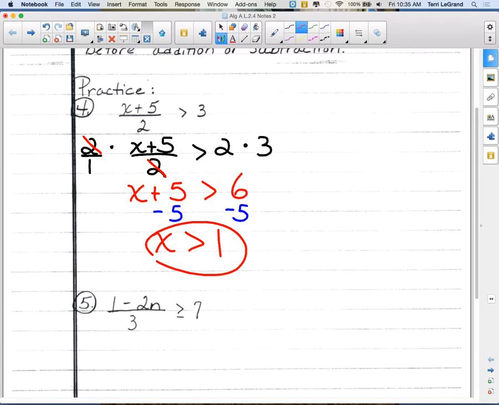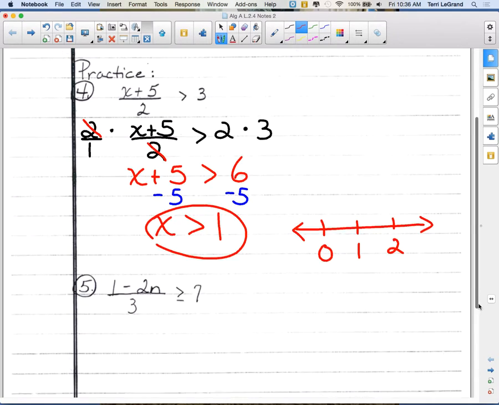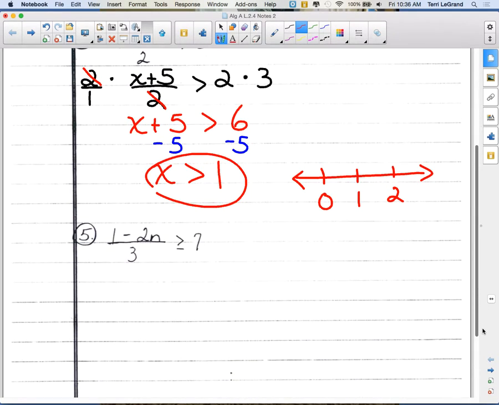That's our algebraic solution. And then when we graph it, go ahead and do that, because you guys are really good at that now. Is 1 part of the solution set? No, so that means we do not shade the circle in at 1, do we?